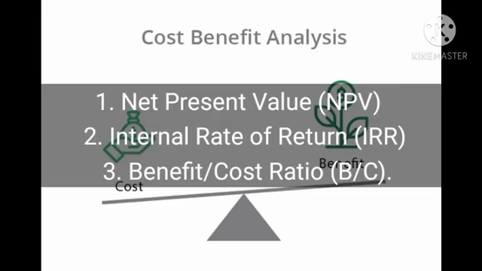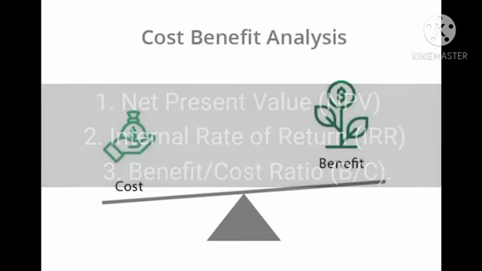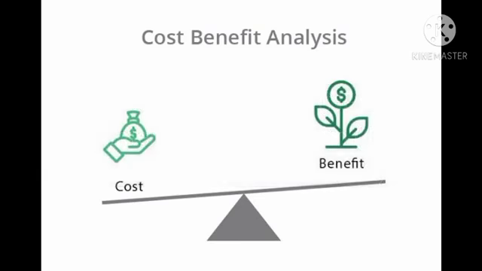So on the net present value, it will estimate the economic worth of the project in terms of the present worth of the total net benefits. The internal rate of return will give for each option under consideration the rate at which the net present value for it equals 0, with the benefit cost ratio based on the ratio of the present value of the benefits to the present value of the cost.